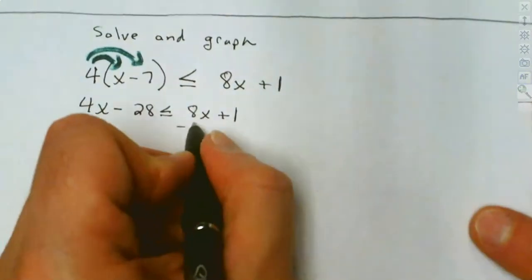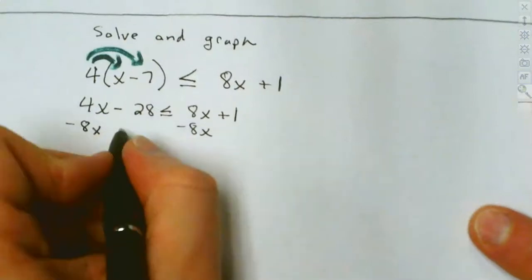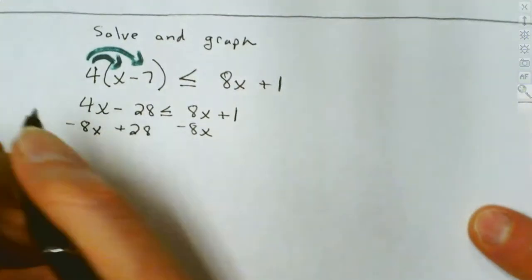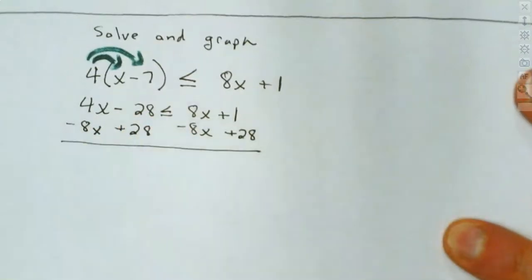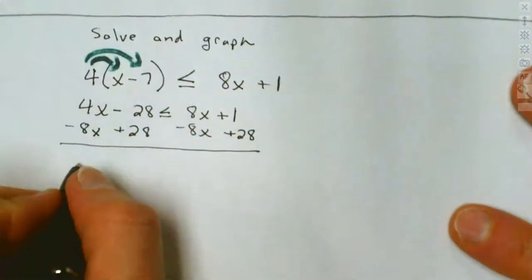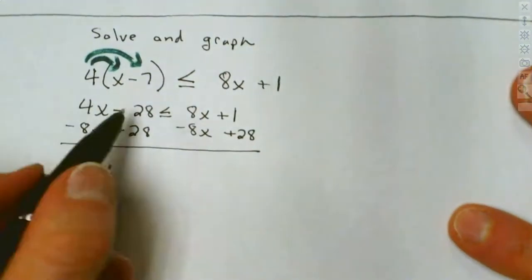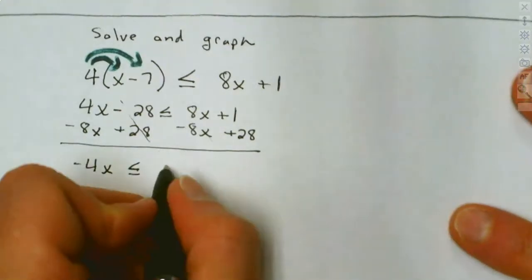I'm going to move the 8x over with subtraction, and I'm going to add the 28. Four minus 8, that makes it a minus 4x. The 28s cancel here. Inequality symbol stays the same for right now. The 8x's cancel, and 1 and 28 makes it 29.